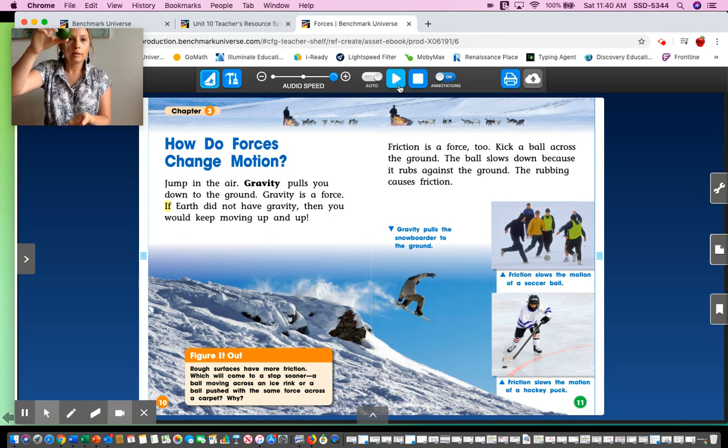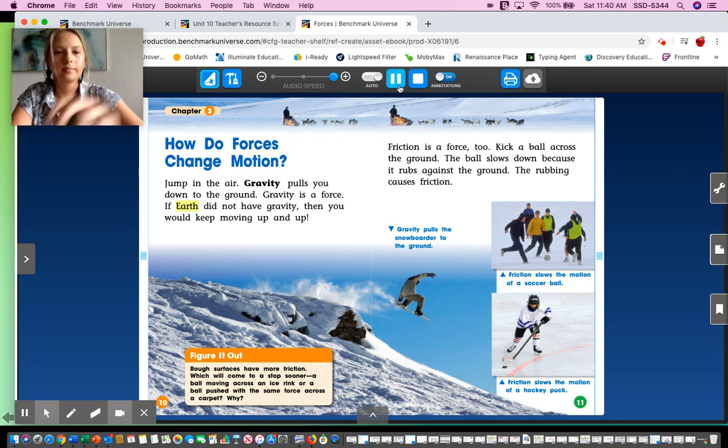If this is gravity down here, is it pushing you away or pulling you down? I think it's pulling down. If Earth did not have gravity, then you would keep moving up and up. You would float.